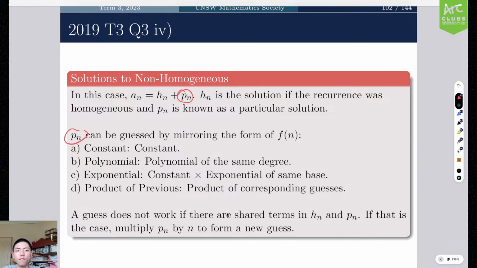Okay, if your guess shares terms between the homogeneous solution and the particular solution, then we need to multiply P(n) by n until P(n) is completely separate from H(n).